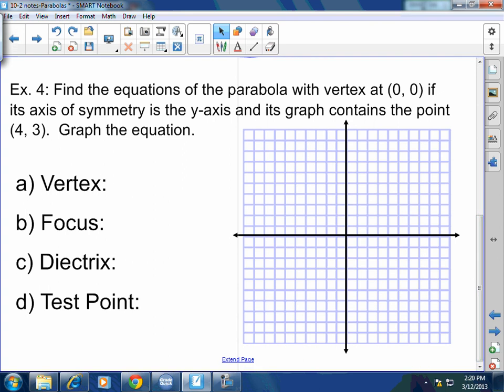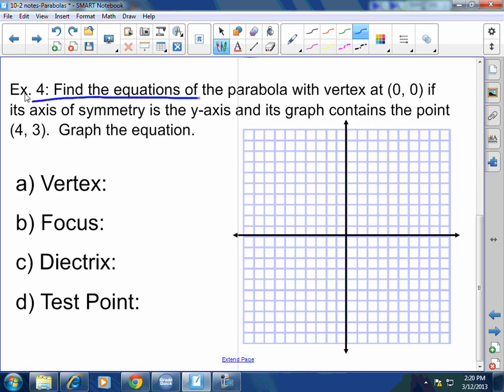Find the equations of parabolas with vertex at 0, 0 if its axis of symmetry is the y-axis. So let's first qualify this statement. If the axis of symmetry is the y-axis, what does that mean? The axis of symmetry is either an x equals or a y equals.